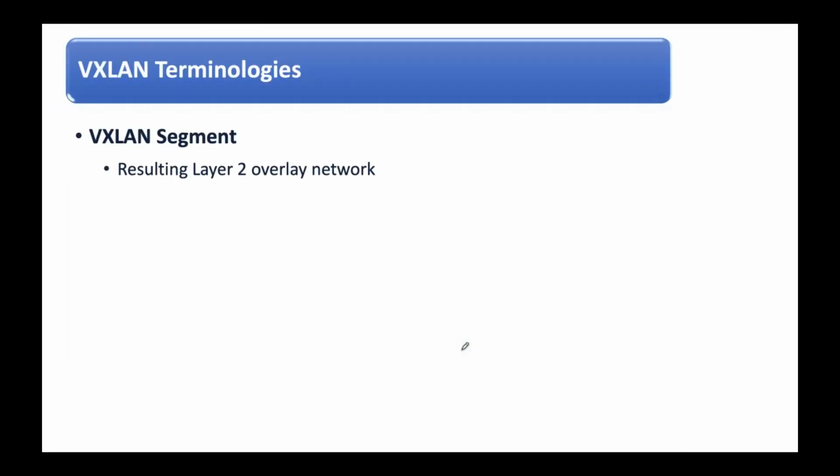Terminologies. VXLAN segment, also known as VN segment in short. Analogous for underlay is the VLAN segment, where we define our VLANs.